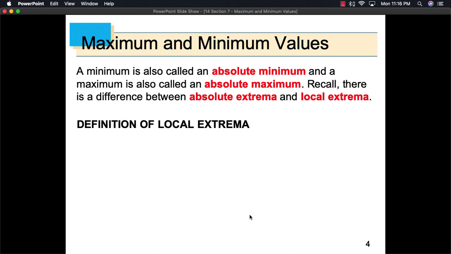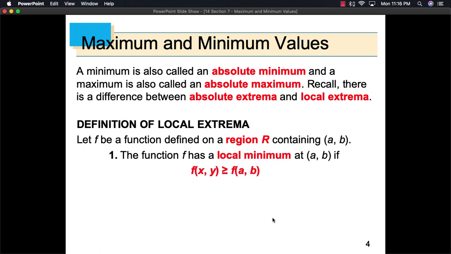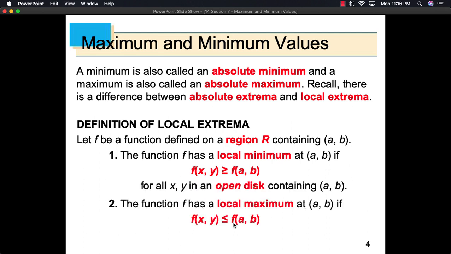But just recall, guys, that the definition of a local extrema is in a region containing this interval here. Notice that the interval is not enclosed. It's from A to B. It's a local minimum if all surrounding area is bigger than the function itself at that point. It's a local maximum if everywhere around this point is lower than the actual point itself on any open disk.